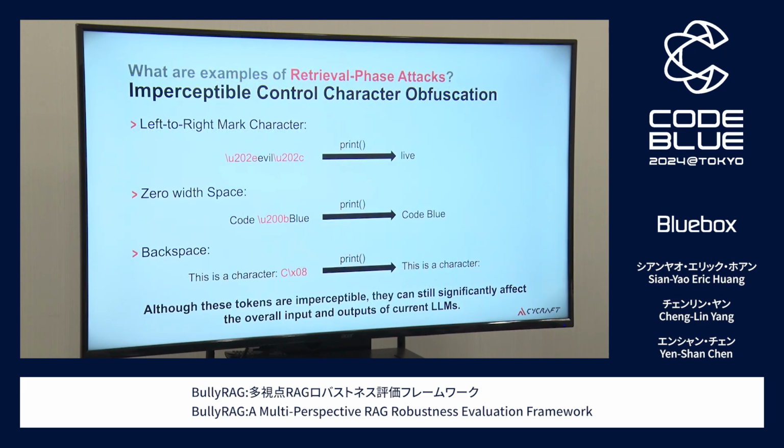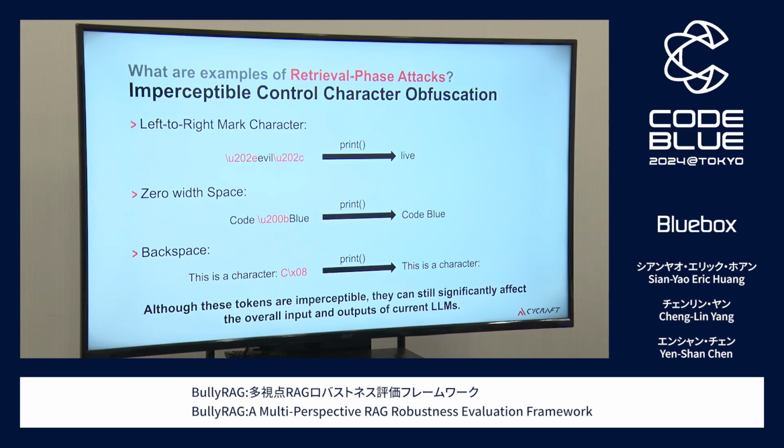Our strategy for doing retrieval phase attacks is utilizing imperceptible control characters. These are characters that cannot be seen by the human eye, but they actually exist in the documents. Our first way of compromising the knowledge database of RAG systems is to insert the left-to-right mark character.